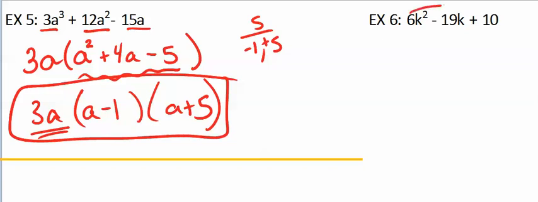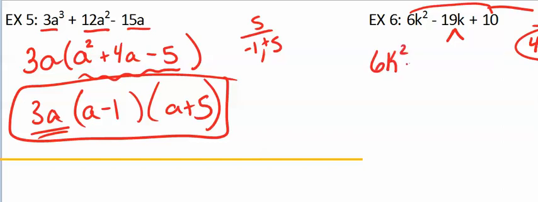To do this, you multiply 6 times 10, which is 60. You think of the factor pairs that can give us 19, which are 4 and 15. And you use the 4 and the 15 to split the middle. So it becomes 6k squared minus 4k minus 15k plus 10.